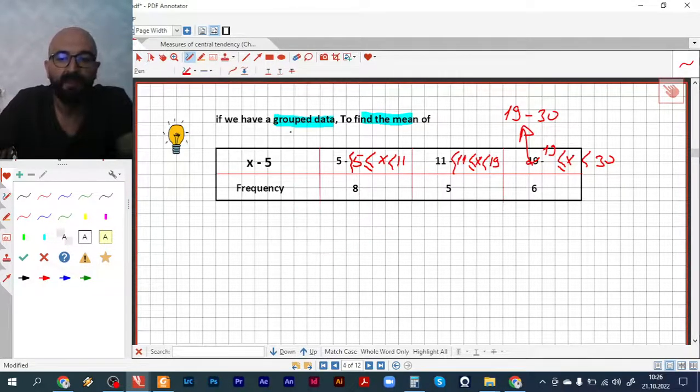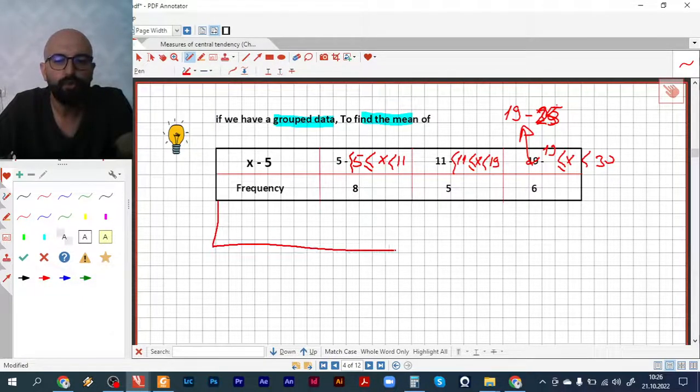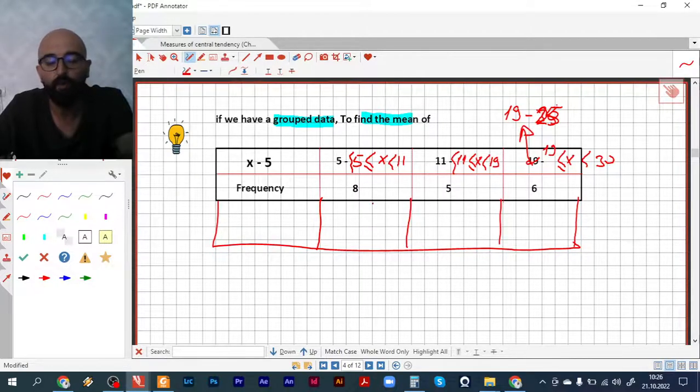Okay, we are used to this section, I think 25. If this number becomes 25, it would be better. And we should use mid values for grouped data by using the mean.